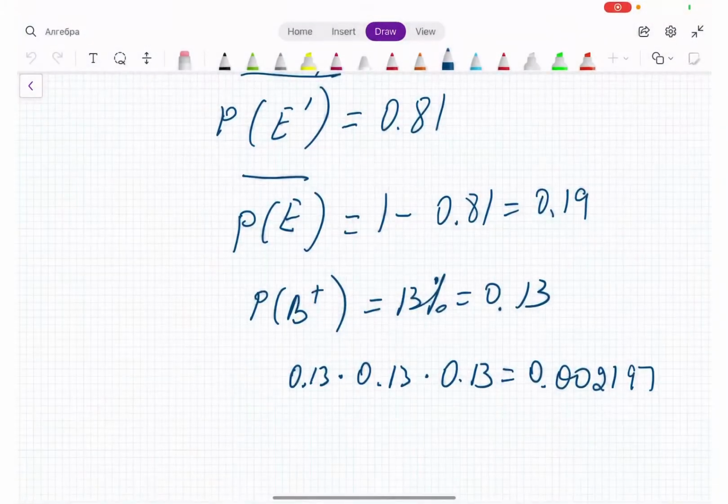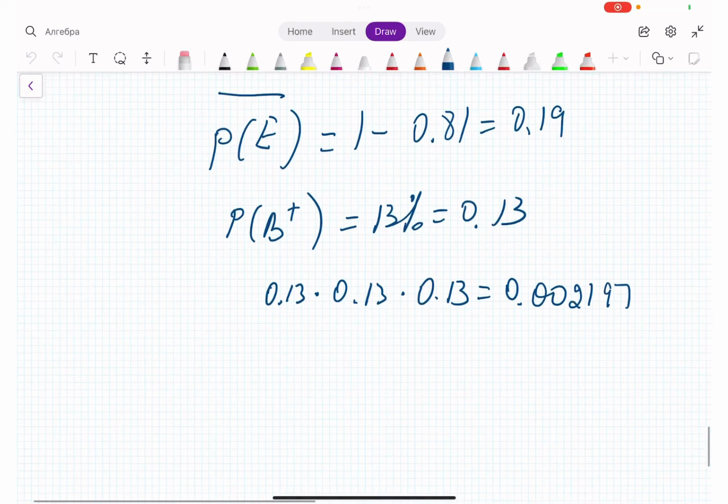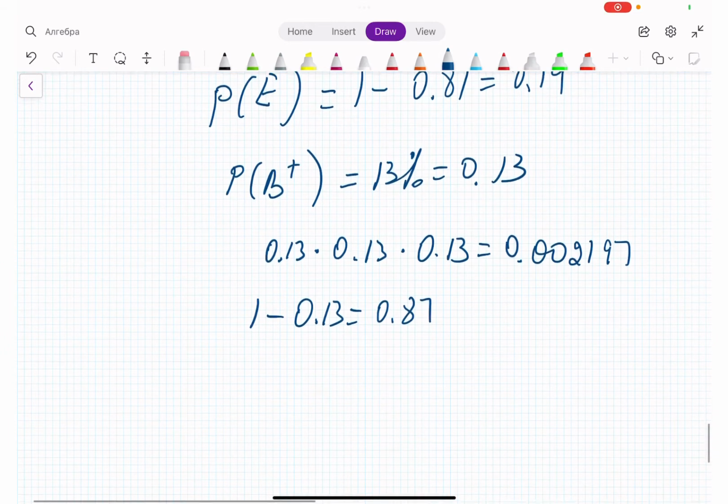Okay, for none of them, since 13% have type B plus, then no B plus is going to be 1 minus 0.13, right? 0.87. So in this case, 0.87 doesn't have, second one also 0.87, which means doesn't have B plus, and third one also 0.87.